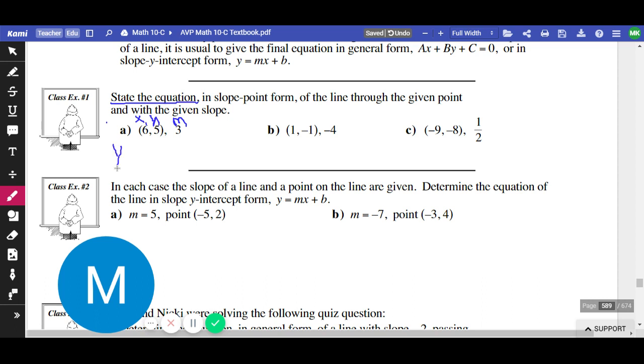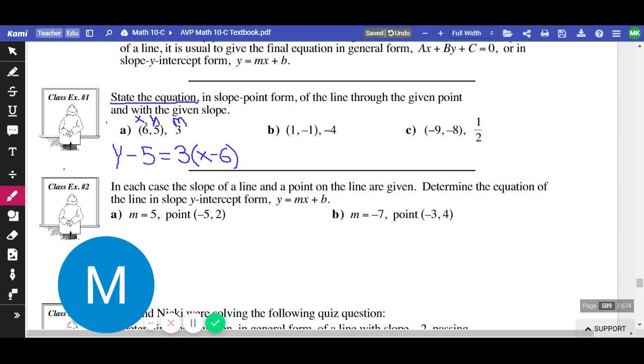So the formula is y minus y1. 5 is y1. Equals m, which is 3, bracket x minus x1, which is 6. This equation would create a line with a slope of 3 and goes through the point 6, 5. Not bad, right?